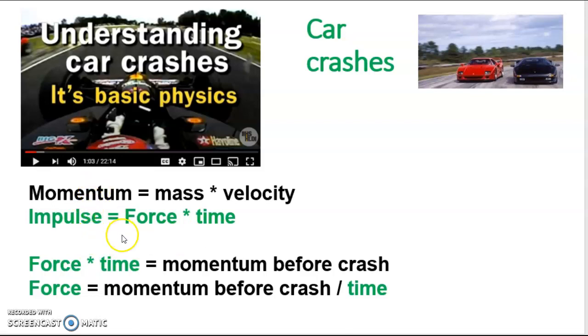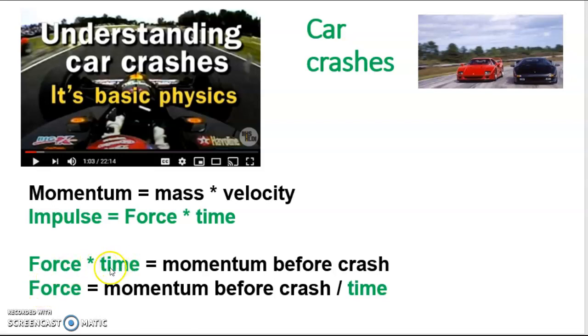And the reason that both of these things are important for car crashes is that in a car crash, the impulse that a person receives or a car receives is equal to the momentum of that object before the crash. And what's particularly important in terms of keeping people safe is that you want to minimize the force that a person experiences.